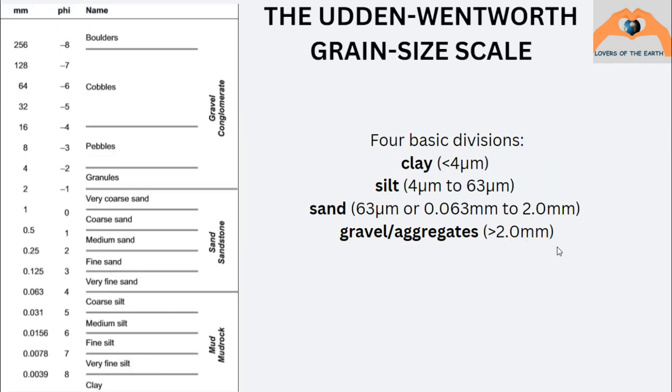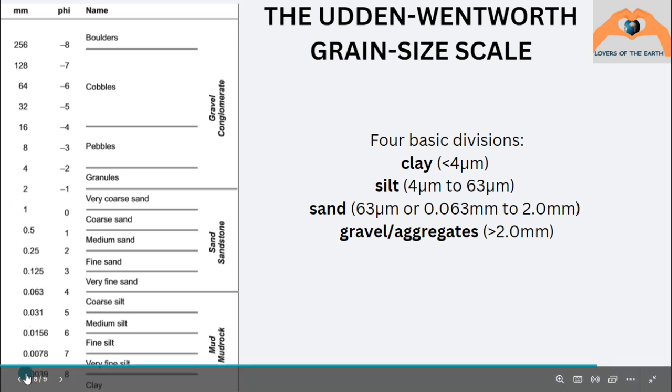Next we have the Udden-Wentworth grain size scale. Here we need to know the four basic divisions, that is clay, which will be less than 4 micrometers, silt, which will be between 4 micrometers to 63 micrometers, sand, which will be 63 micrometers to 2 mm, and gravel aggregates, which will be greater than 2 mm. As you can see in the scale, the clay particles are less than 4 micrometers in size.